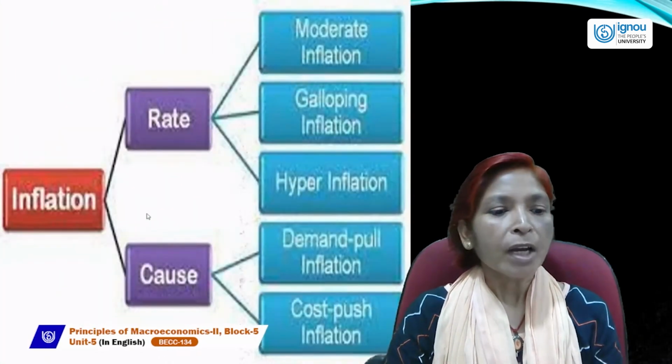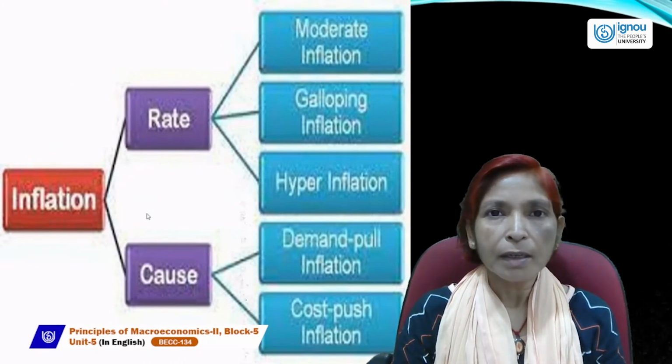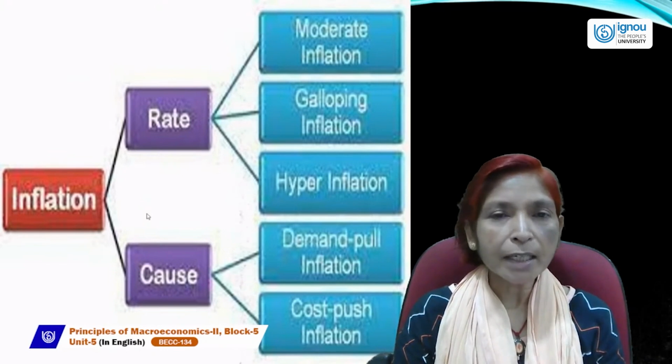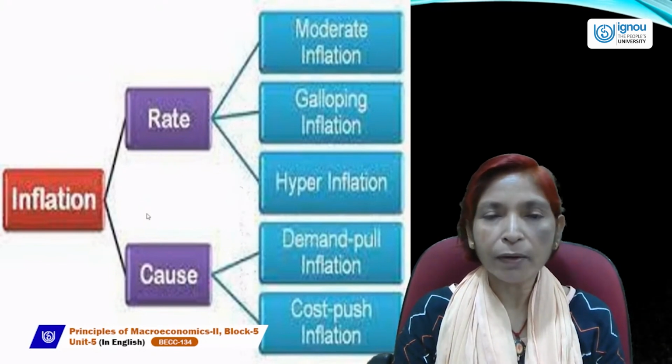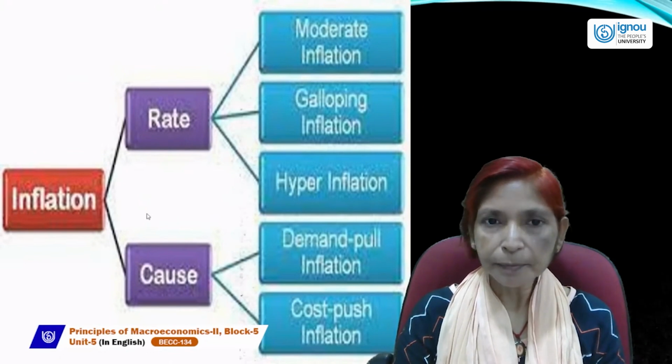Next is the types of inflation. There are many types. We can divide inflation into two parts: one is the inflation rate and the other is the causes of inflation.